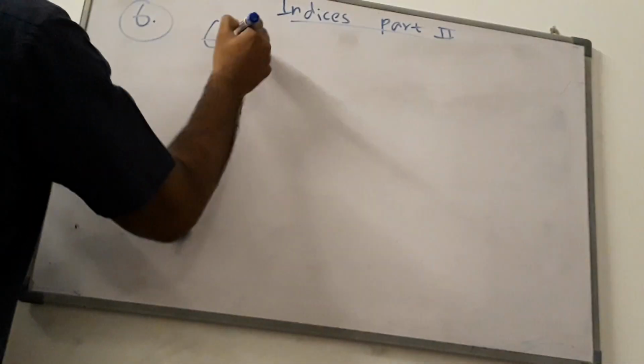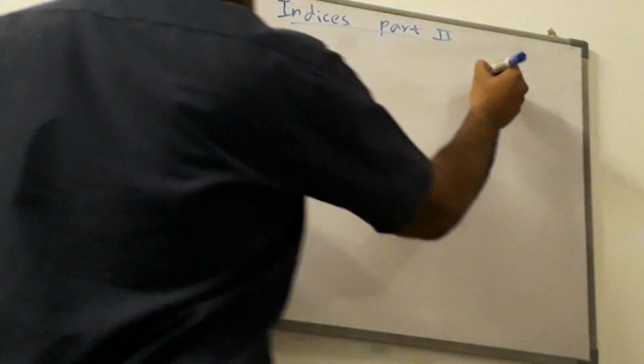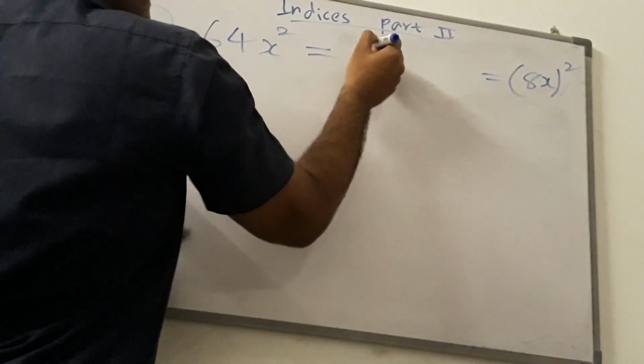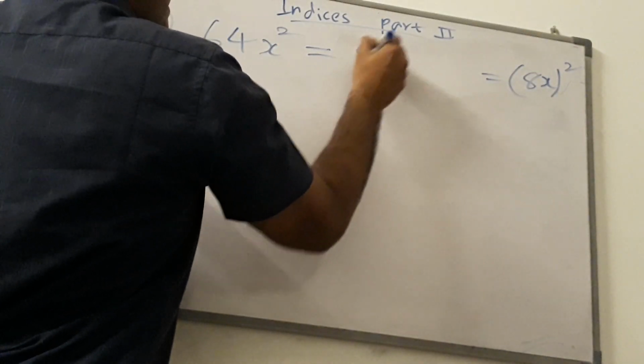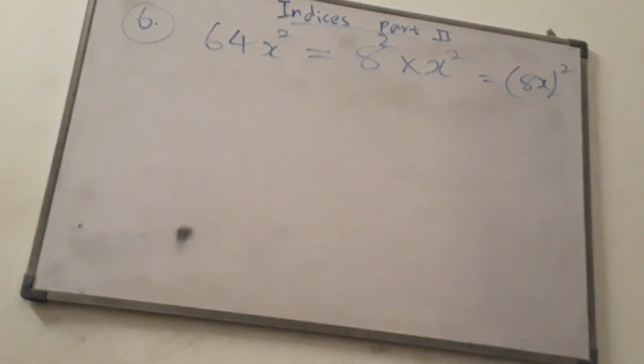64x squared has to be given as 8x altogether square, with two steps. How? By writing 64 as 8 square times x square. This is the procedure, right?